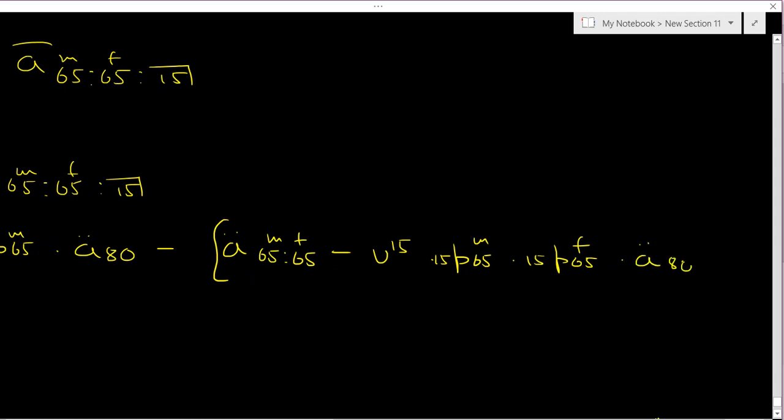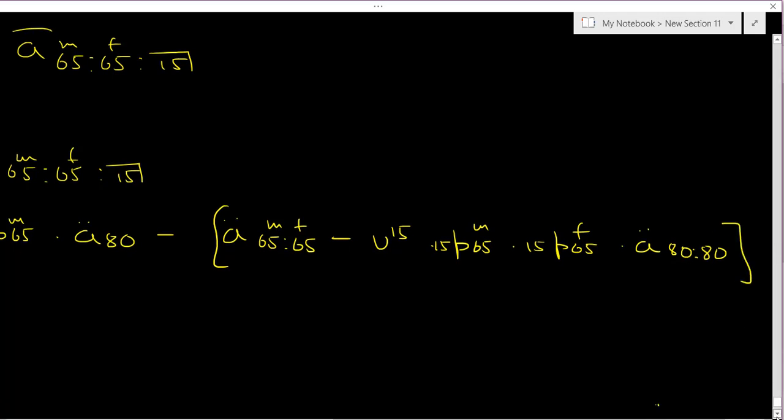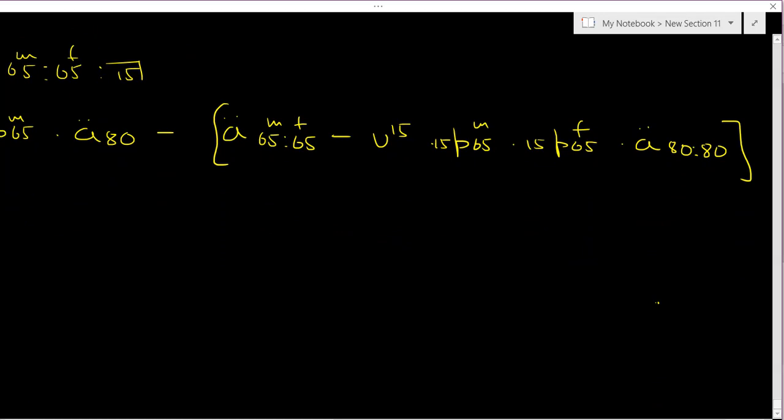Now these values are easy to pick up from your tables, so I'm going to leave that job to you. Just put in these values. I hope you get this.